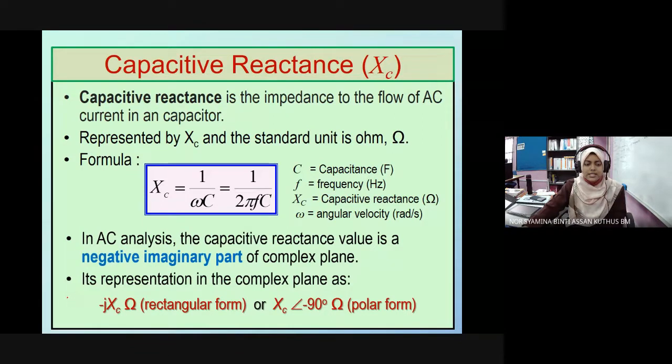ZC is equals to negative jXC ohm. So in polar form, sebab dia adalah negative imaginary part, so dia akan adalah negative 90 degree. Okay.